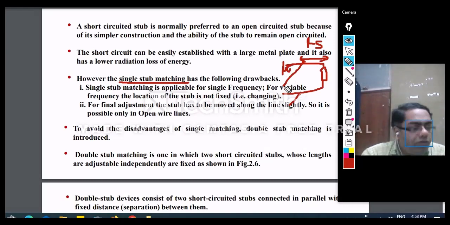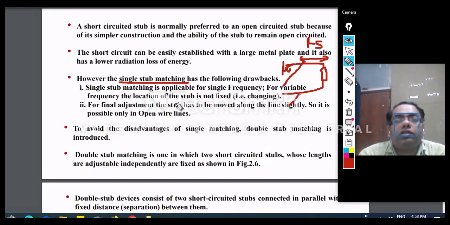So if the frequency changes, or if there is a change in load, then we have to change the position of this stub again, because the value of ls will change. So this is not always desirable, because all the time we have to keep changing the position of the stub.